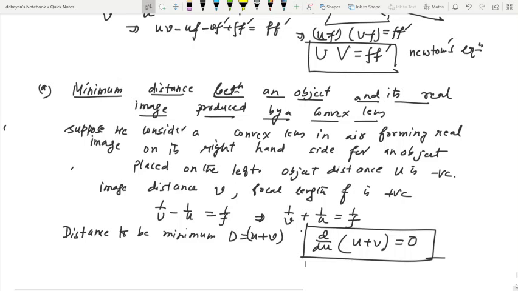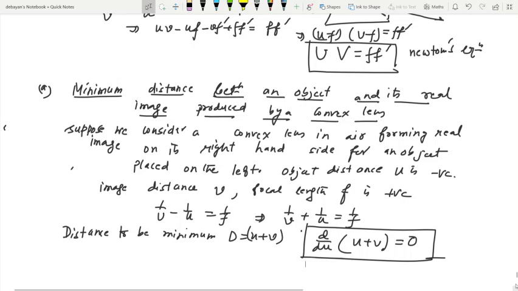For d to be minimum, we can put the value dv by du equal to minus 1 here. So we get u equal to v, and from equation 1, u equal to v is equal to 2f.